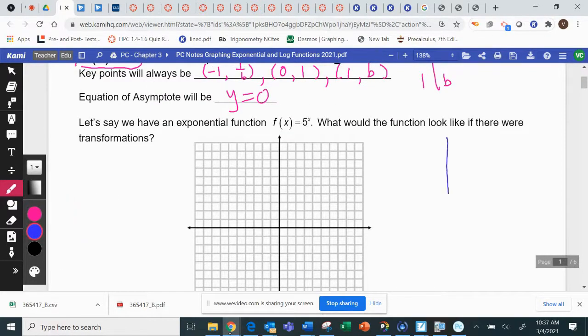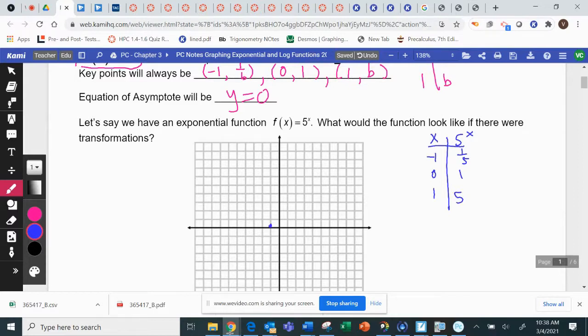Okay, so let's graph 5 to the x, and we're going to start with -1, 0, 1. If I plug in -1, it will reciprocate 5, 1 over 5. If I plug in 0, always 1. If I plug in 1, the base 5.